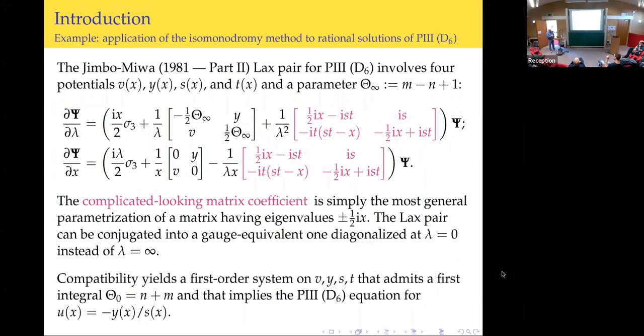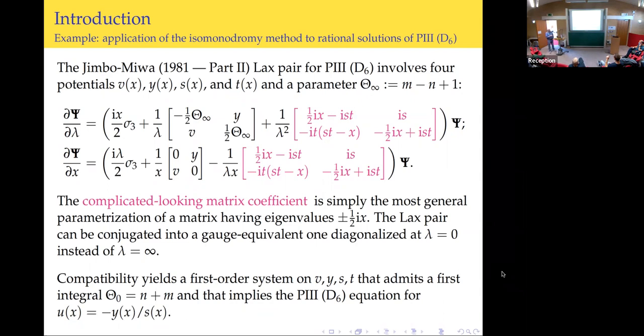And then you think of, okay, what are the flows with respect to x here? I'm going to flow this matrix psi with respect to x in such a way that I preserve the monodromy group of this equation. And this is the isomonodromic deformation equation down here. And so again, we see the same complicated looking matrix coefficient and a diagonal term at infinity like that.